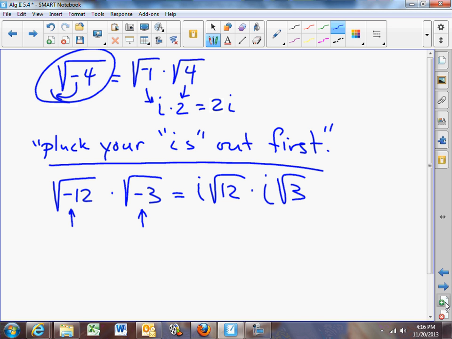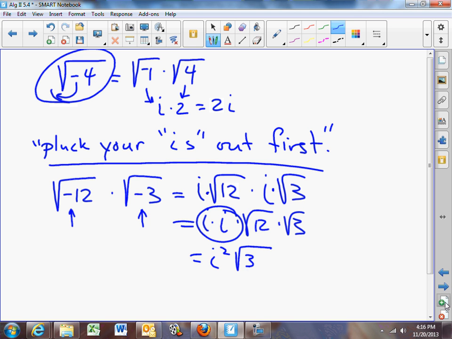Now, if you don't do that first, I'll show you what happens in a minute. Remember, this is multiplication right there, and this is multiplication right there. So we can write this as i times i times square root 12 times square root 3. i times i is i squared. Square root of 12 times square root of 3 can be thought of as square root of 36.